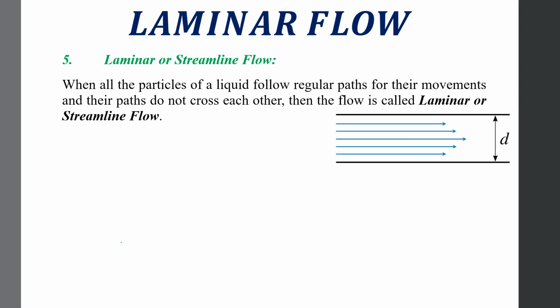From this figure, we can easily understand that streamlines are straight. They are not disturbing the path of each other. So these streamlines, these flow lines, are representing laminar flow. Laminar flow cannot be observed by the naked eye, nor can we easily observe any flow type in a lab or in any channel like uniform, non-uniform, steady and unsteady flow.